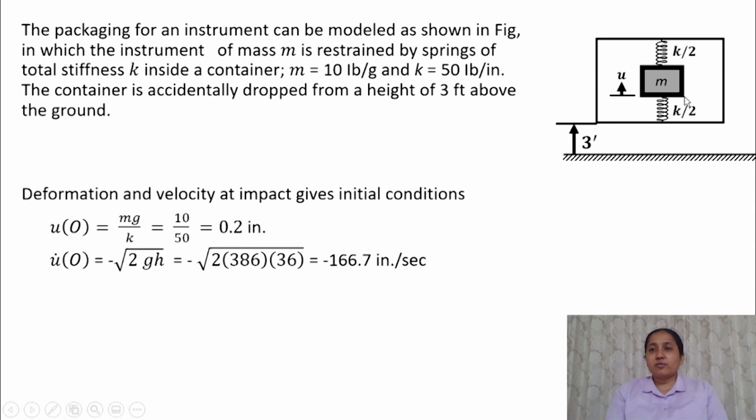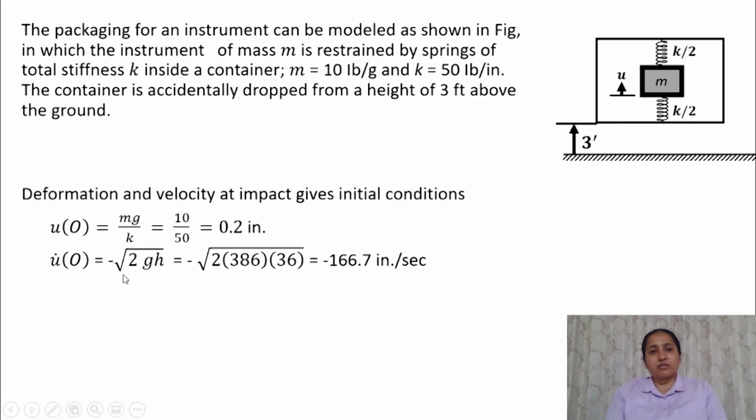Now, what will be the initial velocity? So this package is dropped from a height. So before dropping, it had some potential energy. When it is being dropped, that potential energy will become converted to kinetic energy. So this will get some velocity.